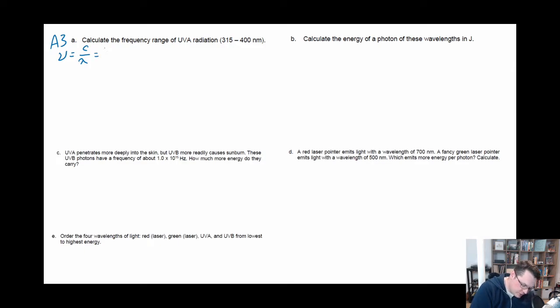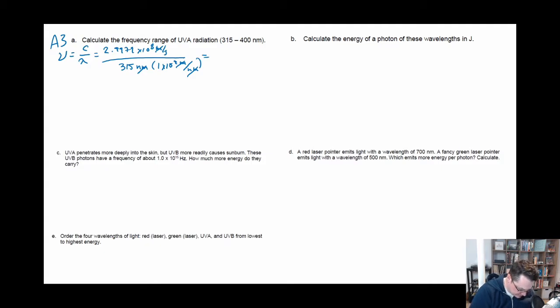So we do 2.9979 times 10 to the 8 meters per second, divided by 315 nanometers, and we have to convert that into meters, so that's 1 times 10 to the negative 9th meters per nanometer. So nanometers cancel, meters cancel, we end up with per second.